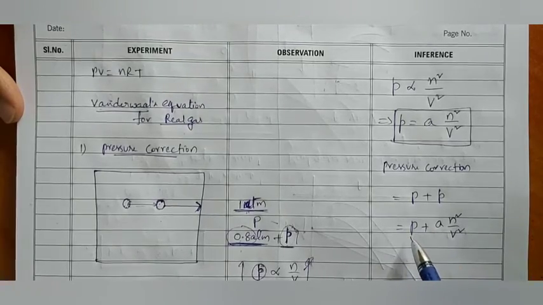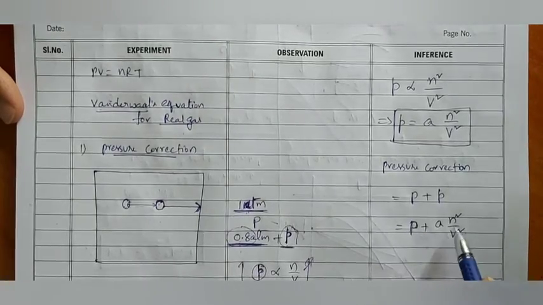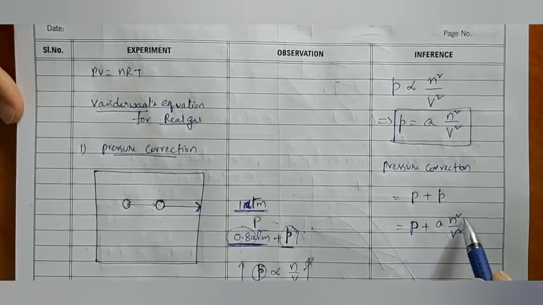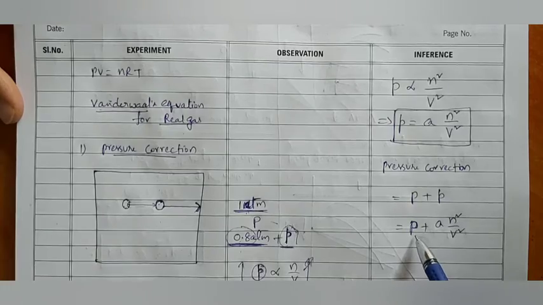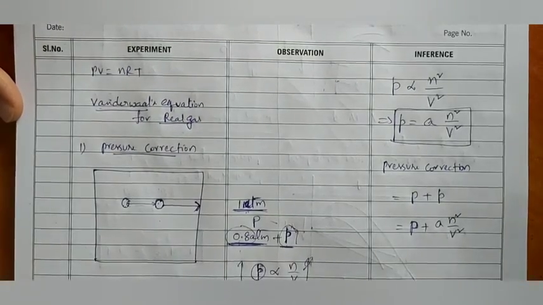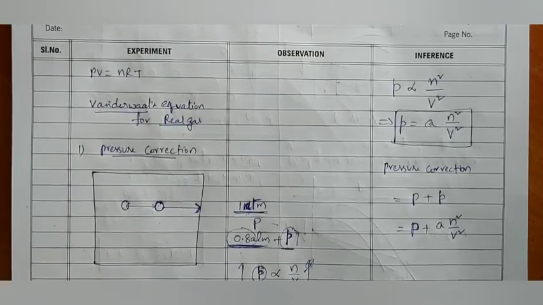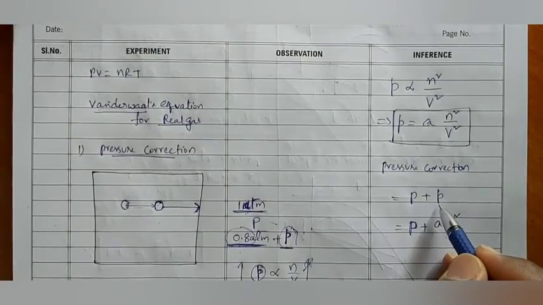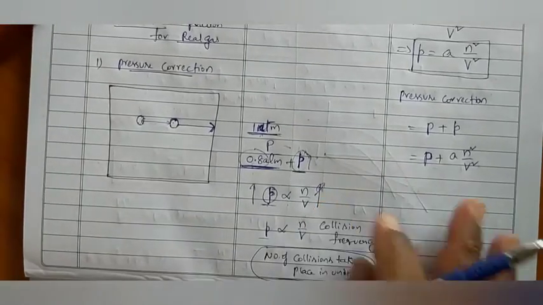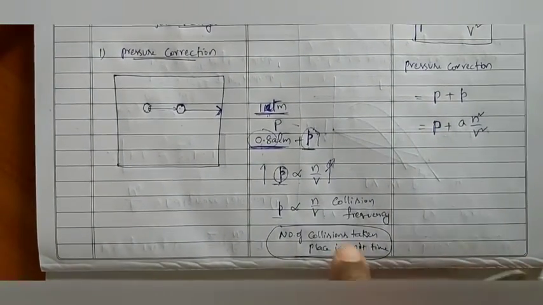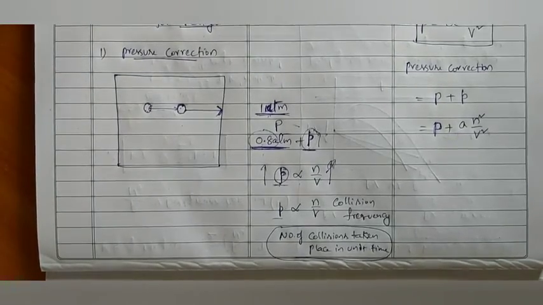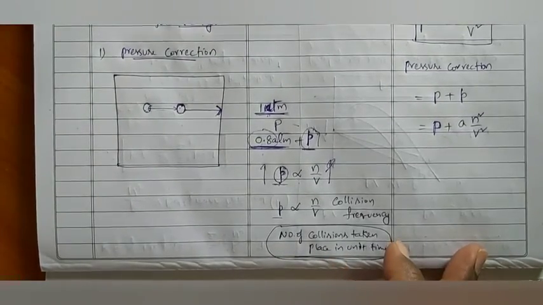This is the value we have to add to the pressure of the real gas to make it equal to the pressure of the ideal gas. Small p depends on two factors: n by V, the number of molecules per unit volume, and n by V, the collision frequency. Okay? This is about pressure correction.